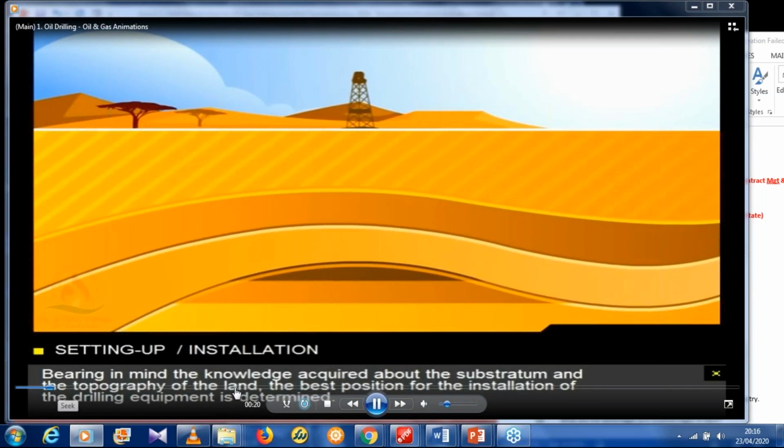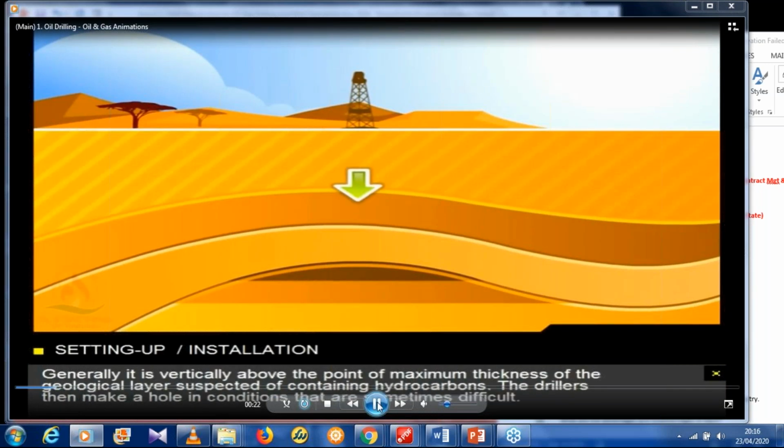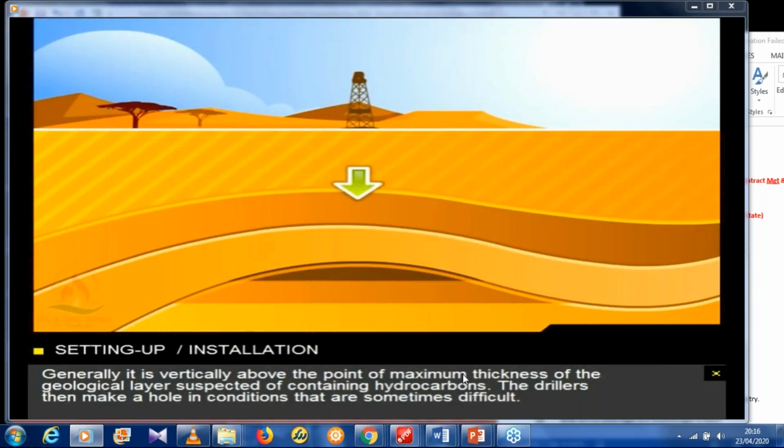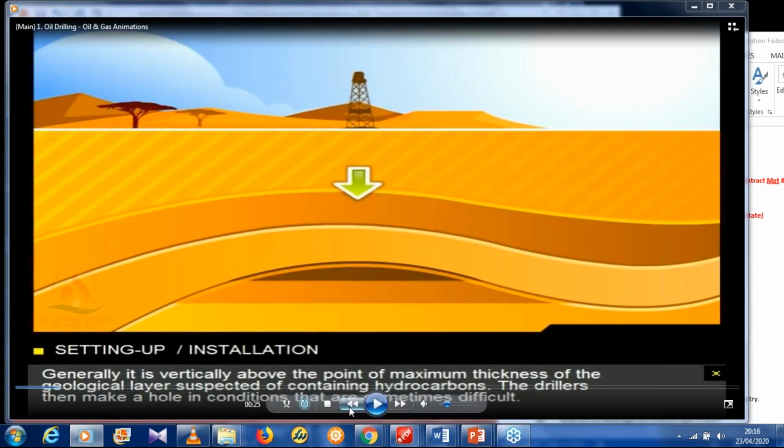We determine the best position for the installation of the rig, which will be at a strategic location that will be able to give us vertical access to the reservoir. I hope you can hear me, a vertical access to the reservoir. Although there are cases where that is usually not possible, we come to that, the kind of drilling that is done in such a case.